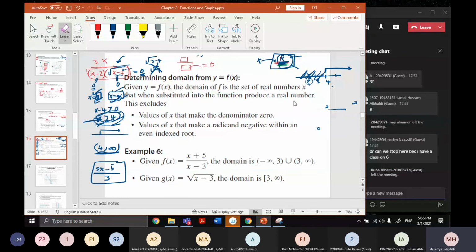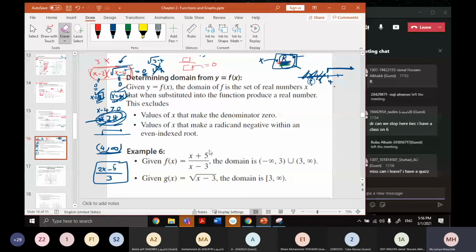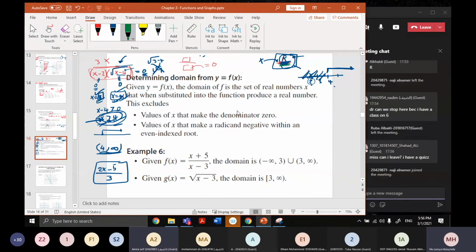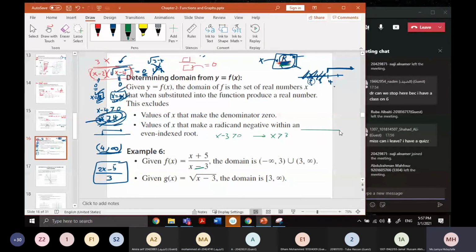Now let's do these examples. Quickly, (x plus 5) over (x minus 3), what do you think? What is the domain? The problem will arise from the division, so I cannot divide by 0. So x minus 3 should not equal 0, so x should not be 3. On the real line, this is the 3, so everything except this one.